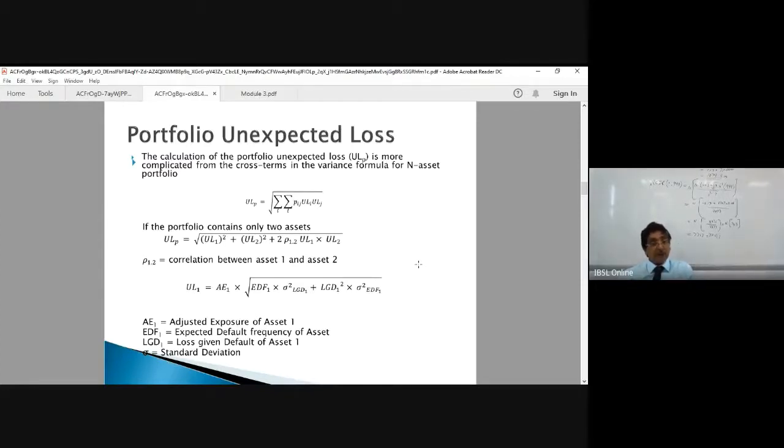If you don't assume that, then you have to realize these things in a separate way, as I told you earlier, because the Vasicek model's assumptions are a little unrealistic sometimes. The first assumption is all the loans in the portfolio will have the same probability of default. The other assumption is all pairs of loans will have the same correlation.